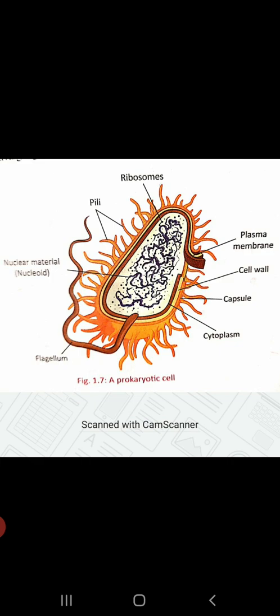Yes? So those are the prokaryotic cells. Some of the examples of prokaryotic cells are bacteria and blue-green algae. So this is about the prokaryotic cells, children. And prokaryotic cells are primitive cells. They are unicellular cells.